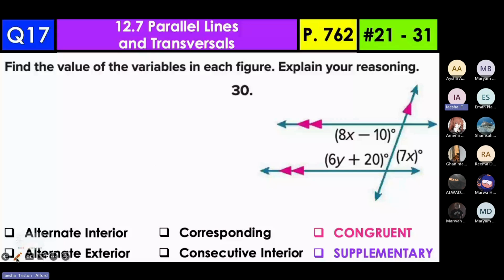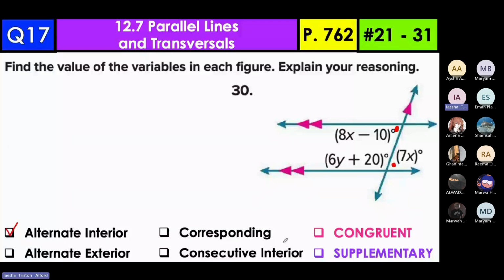So focus your eyes on the x's. You have the x here and you have the x here. Same side or opposite side of the transversal? Opposite. Inside or outside of the parallel lines? Inside. Name: alternate interior.